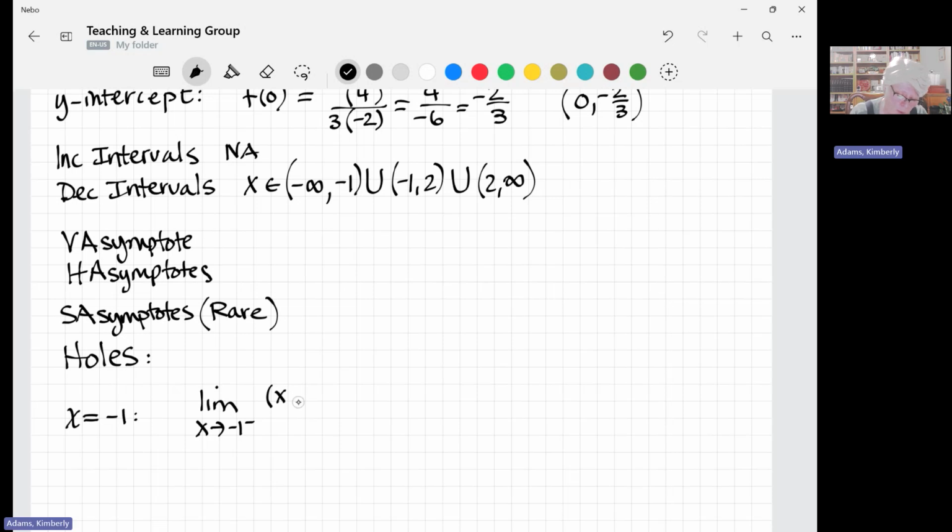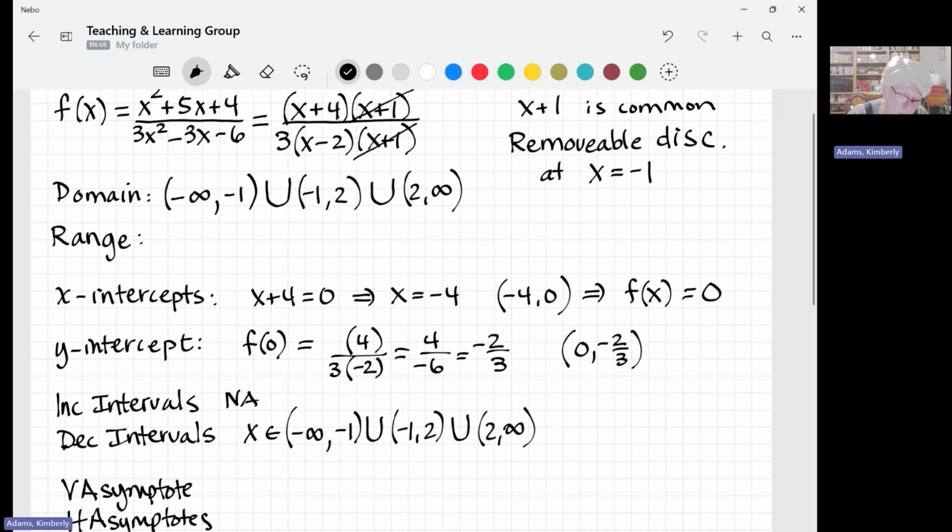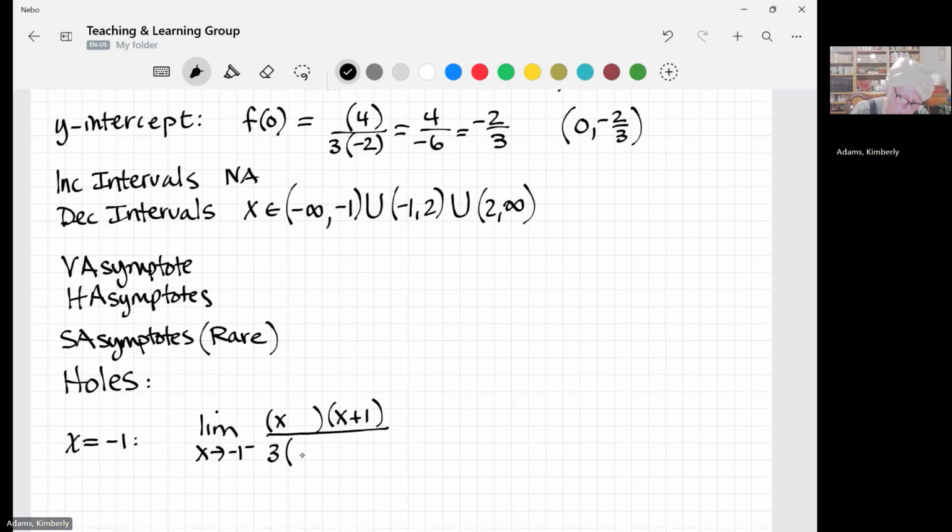This is (x minus 2)(x plus 1) divided by 3(x minus 2)(x plus 1)(x plus 4). And remember, you're looking for sign behavior or the ability to factor.